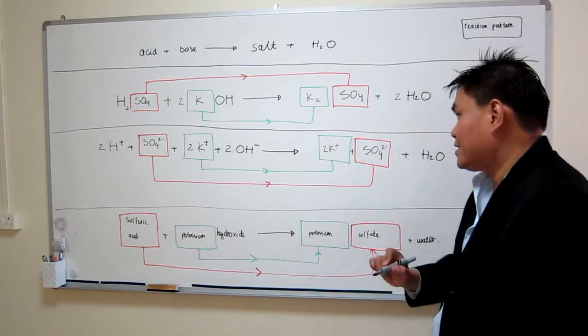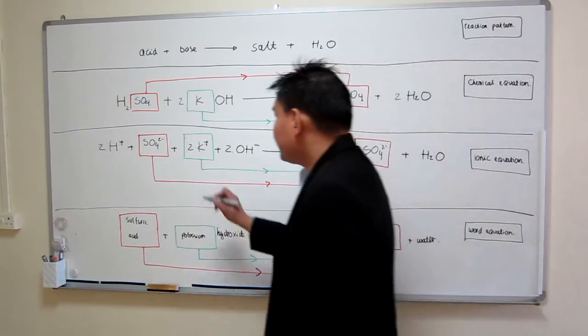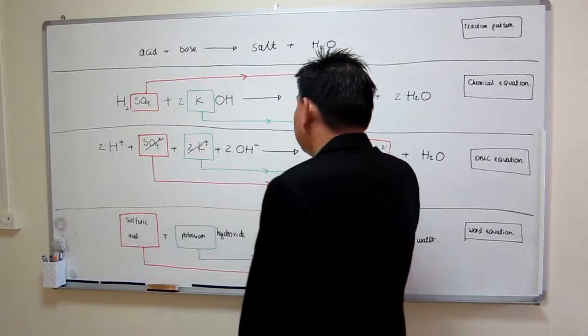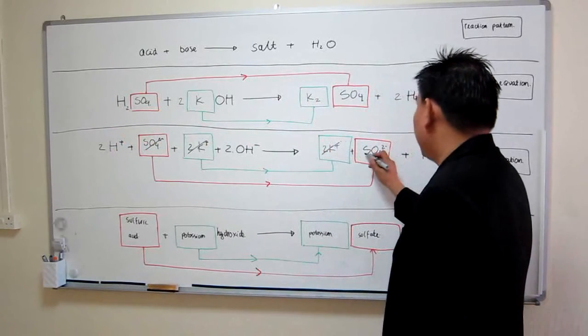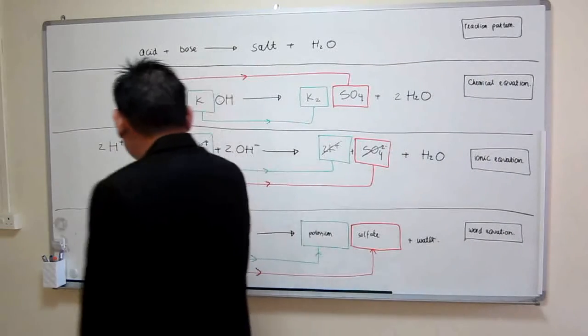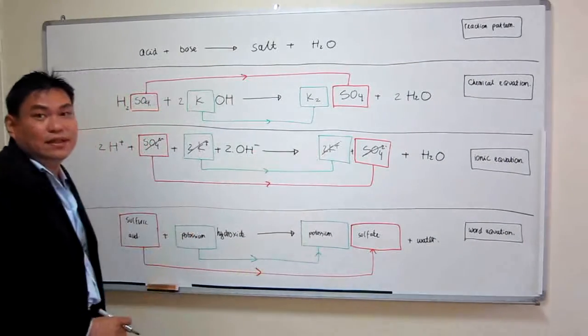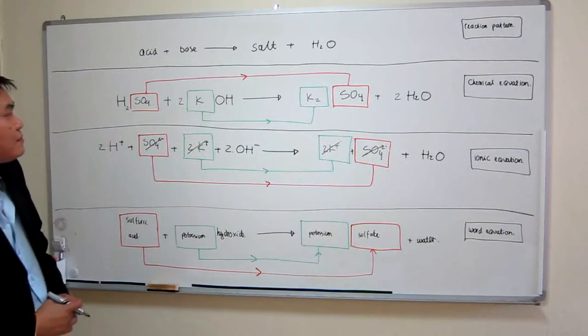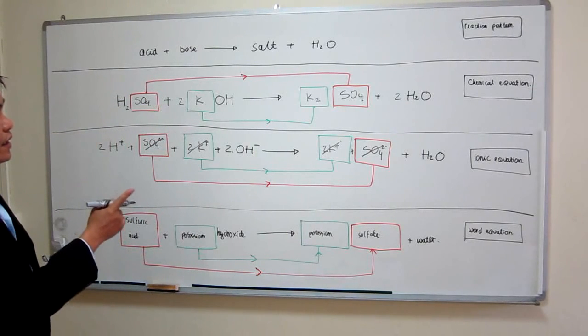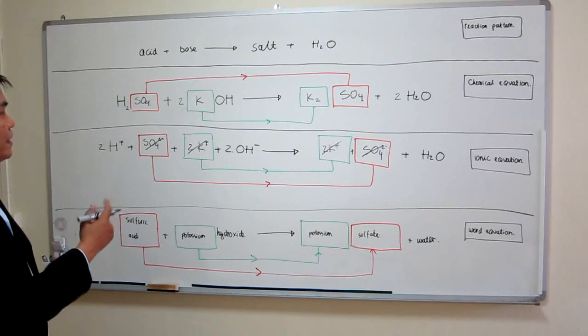And don't forget to cancel the spectator ion. The K plus is the spectator ion, and SO4 2 minus also spectator ion because K2SO4 is a soluble salt. Now this is the ionic equation, right?